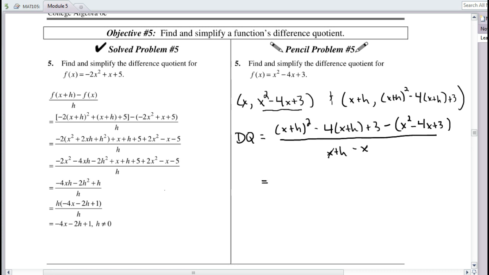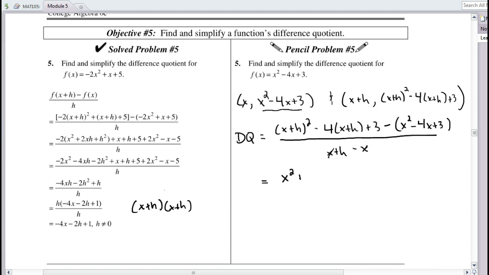Some of this you might be a little rusty on, but remember first x plus h squared is x plus h times x plus h. So if you forget how to do that, go ahead and write it out, x plus h times x plus h, and FOIL it. On top here, simplifying, I'm just going to write what it actually is.